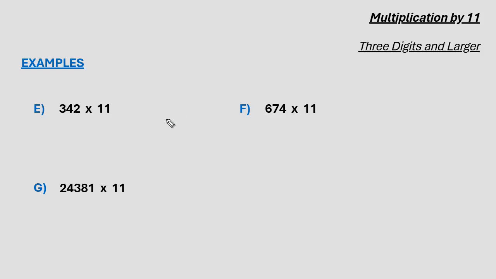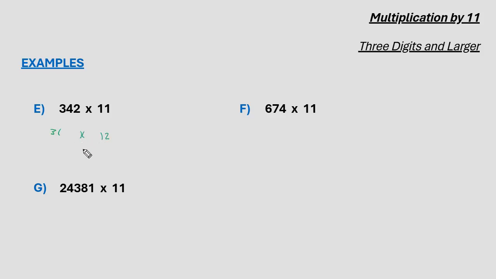This same approach can also be used when multiplying three digits by 11. Like before, 3, the outside digit on the left, and then 2, the outside digit on the right. Only this time there's more sums to do.